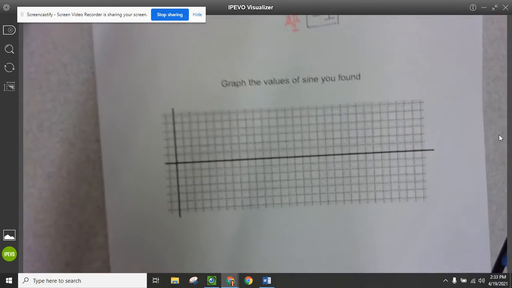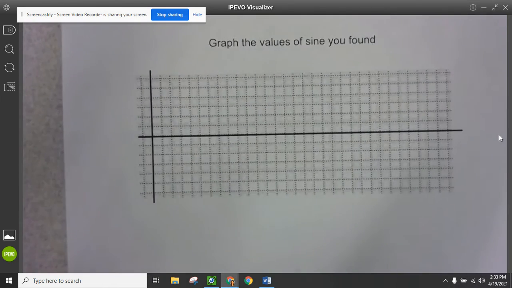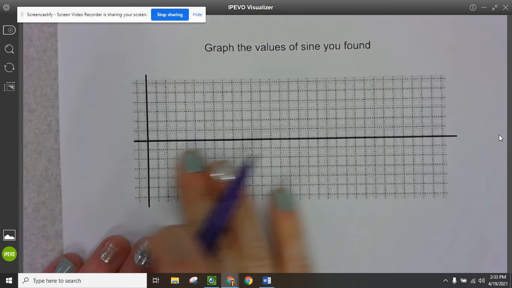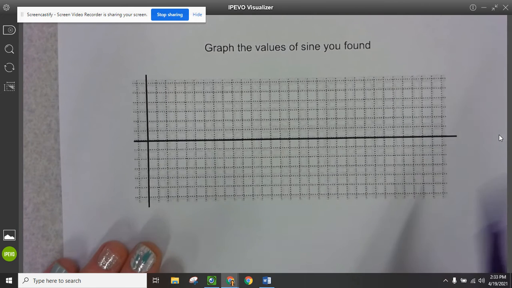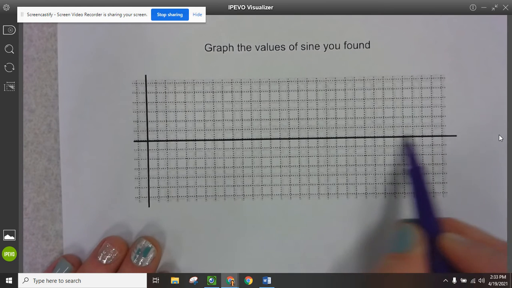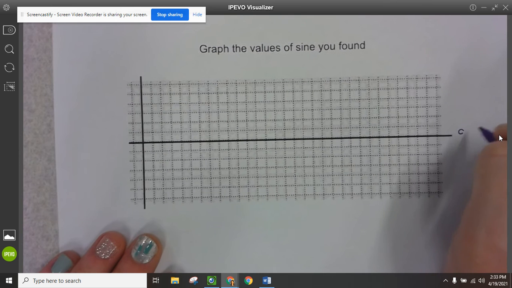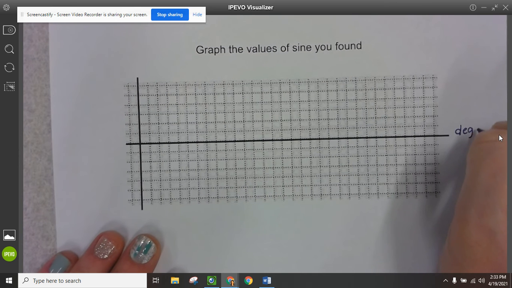So I'm going to, sorry, not trying to make y'all nauseous. So I have a lot of space here. Along the x-axis here, this is going to be our degree or our radian measure.